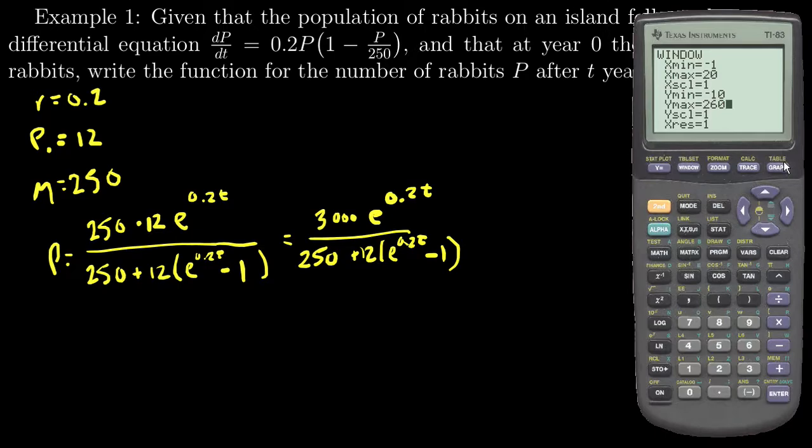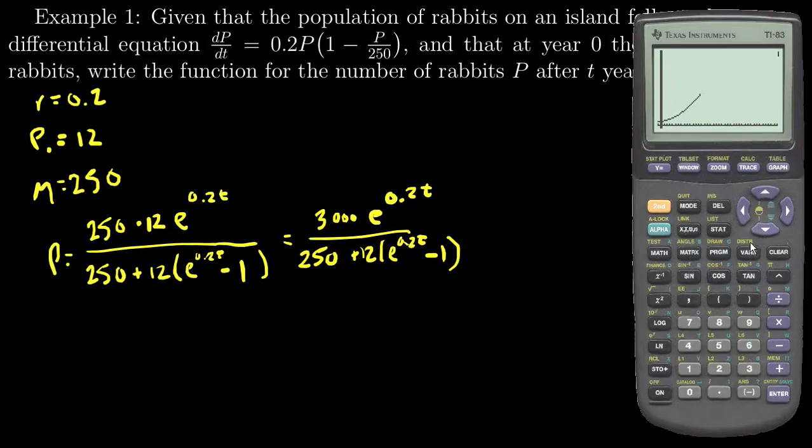And when I graph this, now it should look a lot more like what we saw. We start growing very slowly, but then it grows faster and faster. Maybe I didn't see everything I wanted, so let me go a little further to the right so we can really see this thing level off. Let's go up to 40.